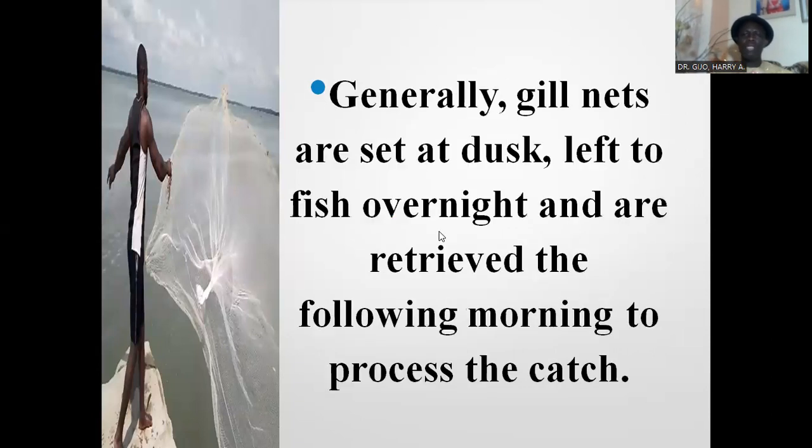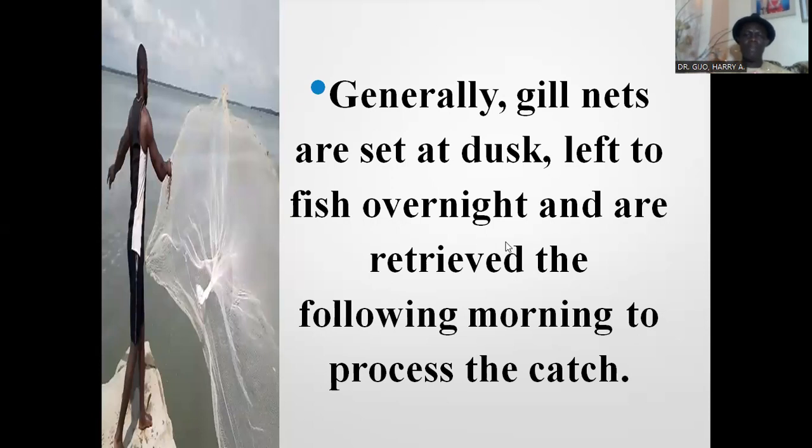Generally, gill nets are set at dusk, left to fish overnight, and retrieved the following morning to process the catch. They are usually set when it's getting dark, in the evening, and retrieved in the morning.